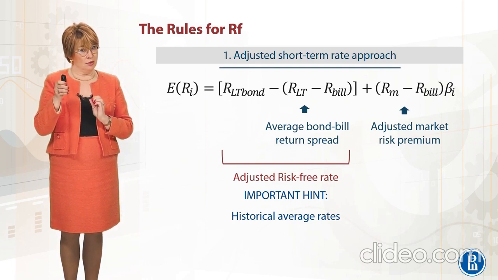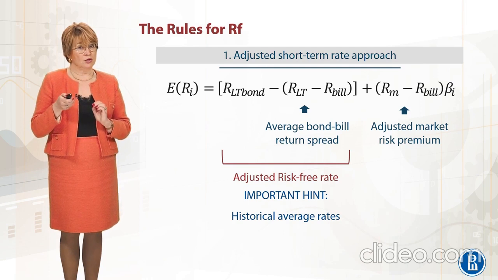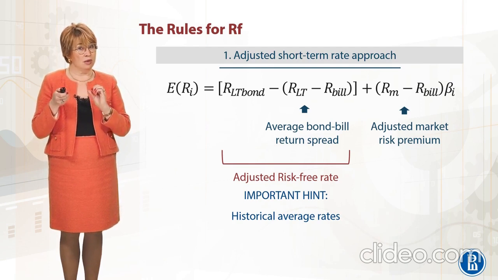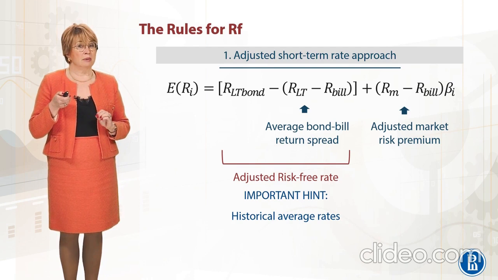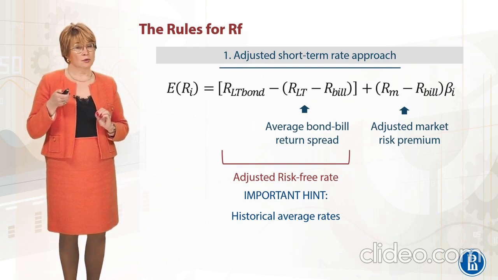In the second term on the right-hand side of this equation, we see the market risk premium multiplied by the beta of the stock.